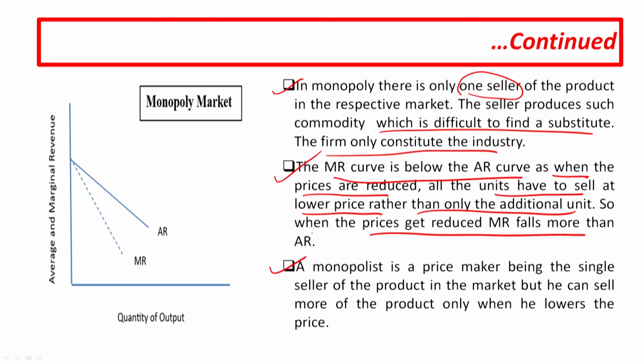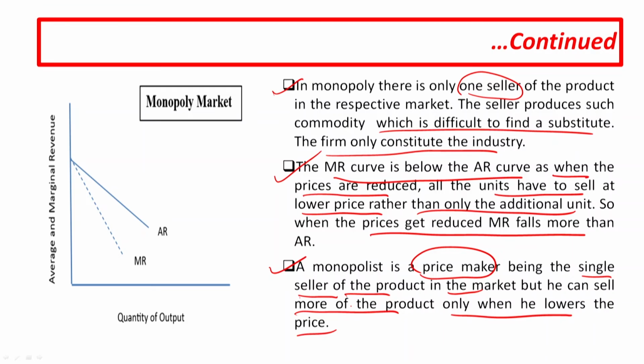And third, a monopolist is a price maker. In the first case, perfect competition, the firm was a price taker. Here, a monopolist is a price maker, being the single seller. Here we deal with the single seller of the product in the market, but he can sell more of the product only when he lowers the price, which means if he wants to sell more of his products, he can only do that when he reduces the price from the respective point.